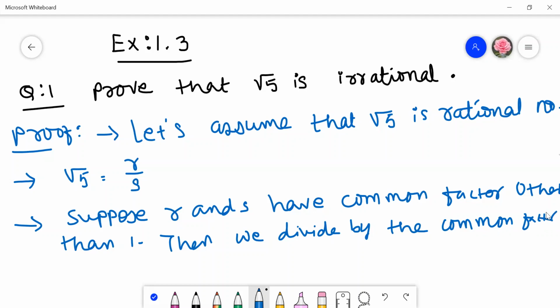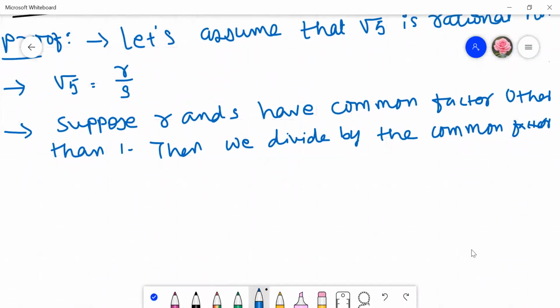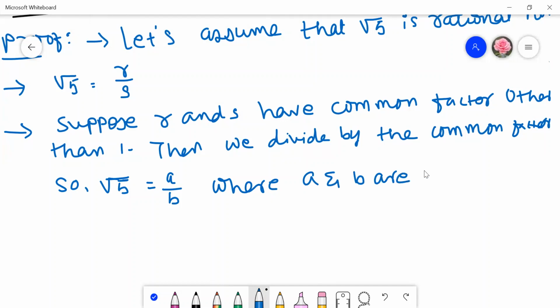Now all of you must know when we are dividing by the HCF, then we are getting prime numbers. The simplified form is both of the numbers are coprime pair. So now root 5 is equal to a by b, where a and b are coprime. Coprime means those numbers they have only one common factor.